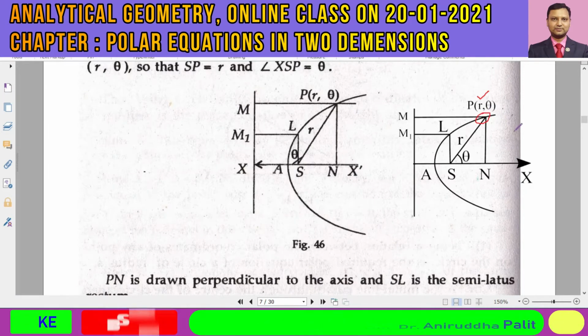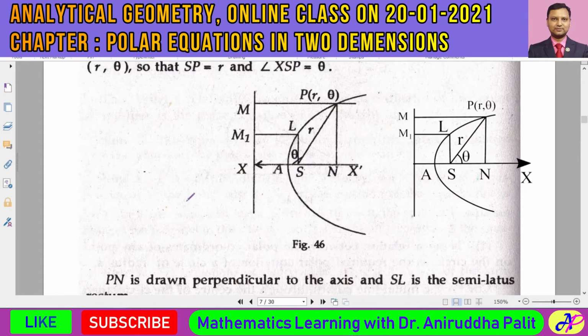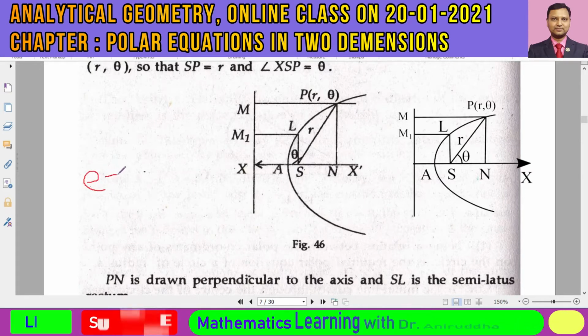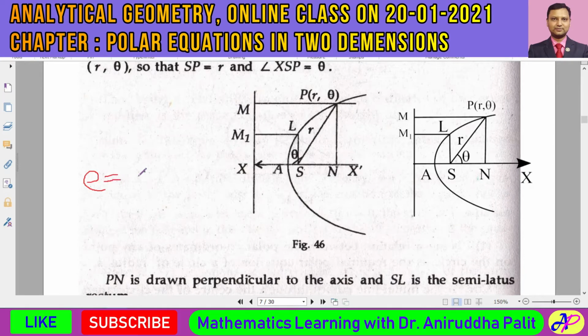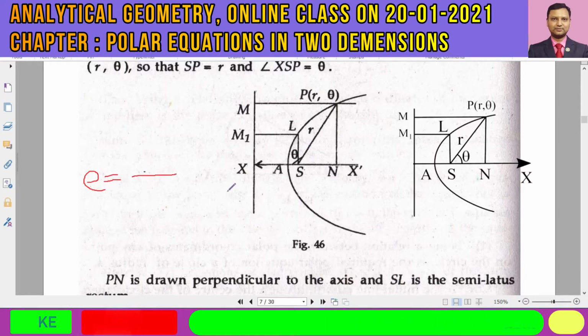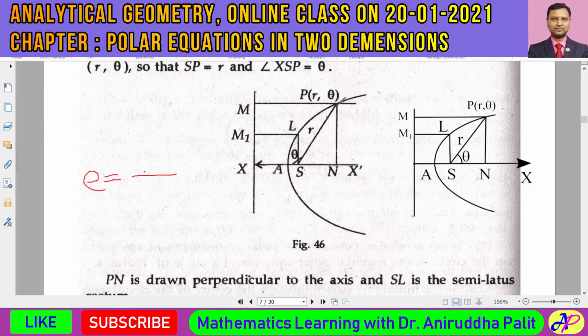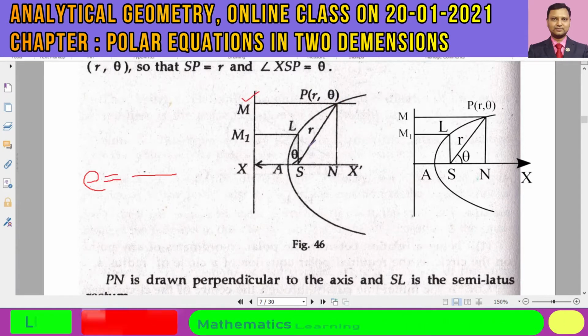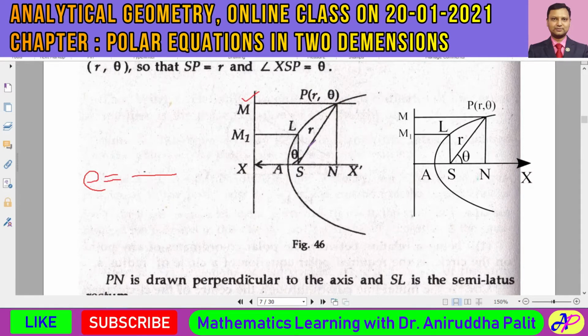We know that the eccentricity e is the ratio of two distances: the distance of the arbitrary point P from the focus, and the distance of this point P from the fixed straight line, that is the directrix.